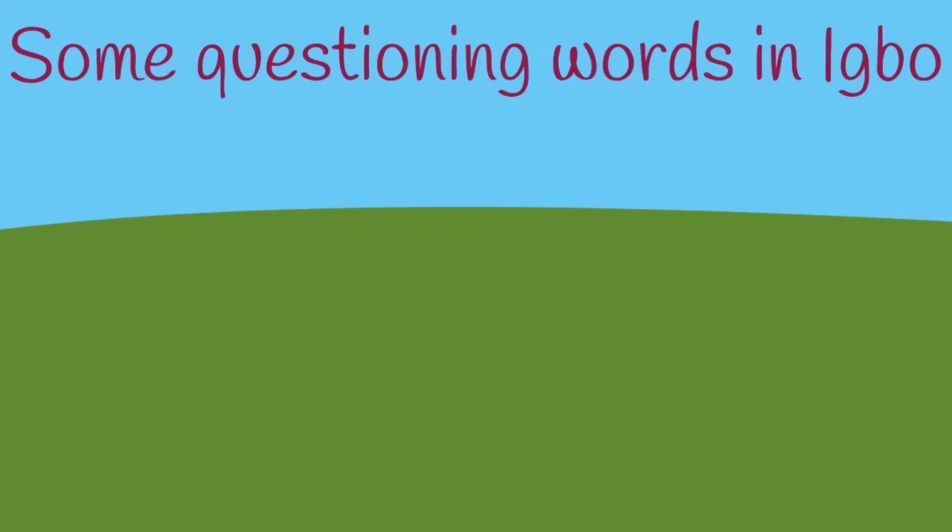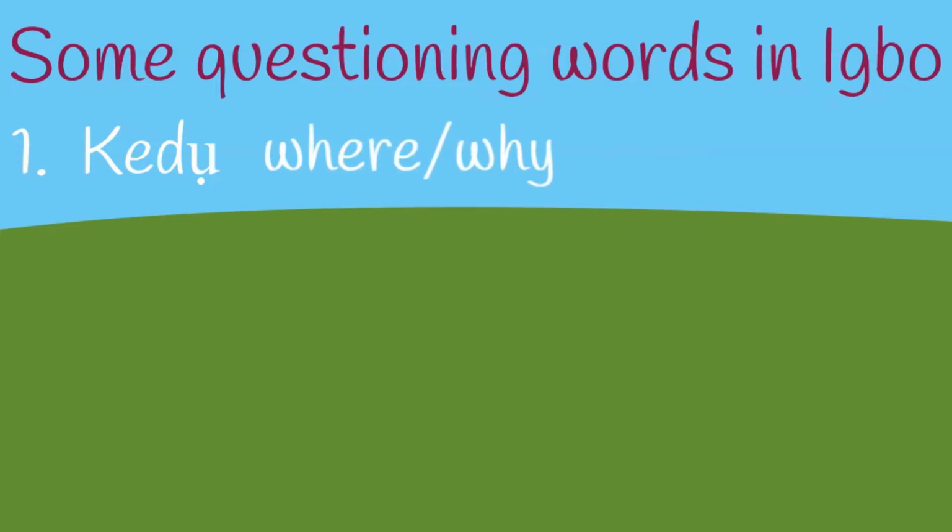Some common words used for asking questions in Igbo language are: number 1, kedu. Kedu is where. You can use kedu to ask where or why. The second one is ebe. Ebe, where.